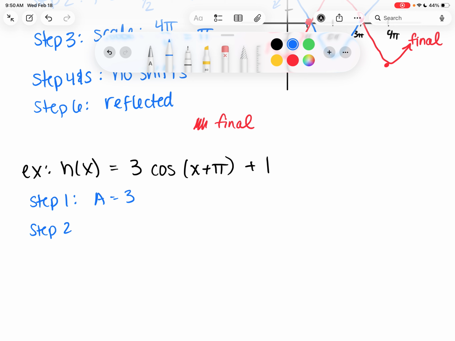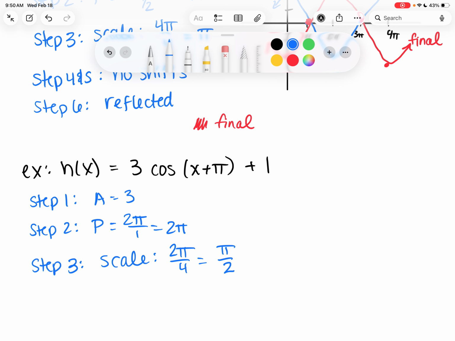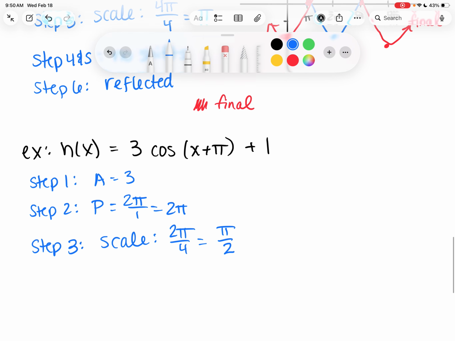Step 2, period is 2 pi over 1, or just 2 pi. So if there's nothing here, there's just an imaginary 1 written there. Shift is up. Step 3, we've got to do our scale. Oh, no, that's next. So that's 2 pi over 4, which reduces to pi over 2. And now it's up.